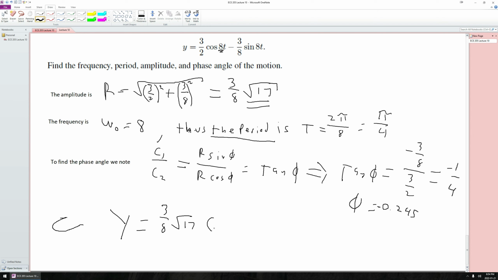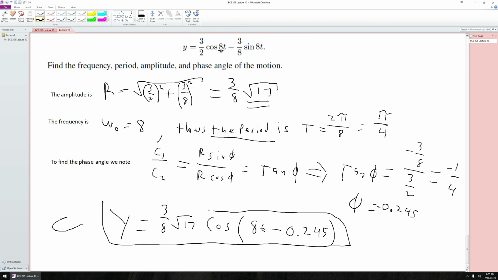And then I'm simply going to have that times cosine of my omega naught, so 8t, plus my phase, so minus, in this case, 0.245. Of course, you can add extra decimal points, or if you want it to be exact, you can leave it as tangent inverse. But this is what my solution roughly looks like, where roughly is this approximation that I put here to compute phi.